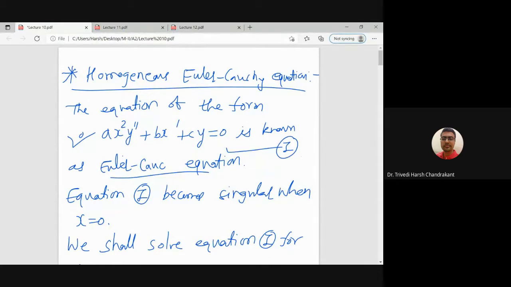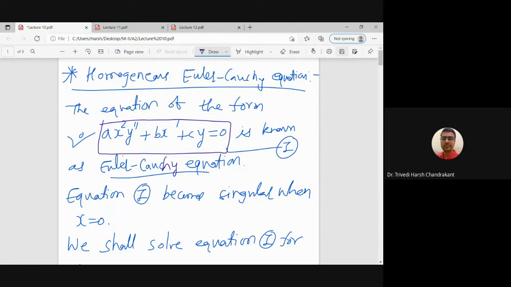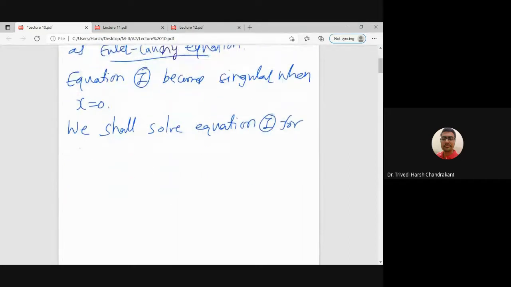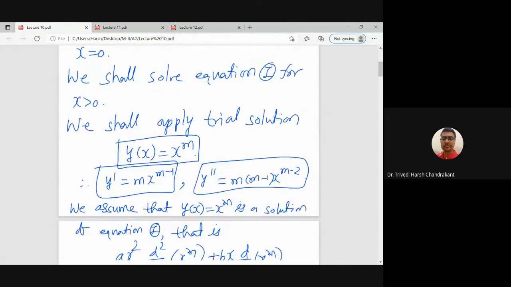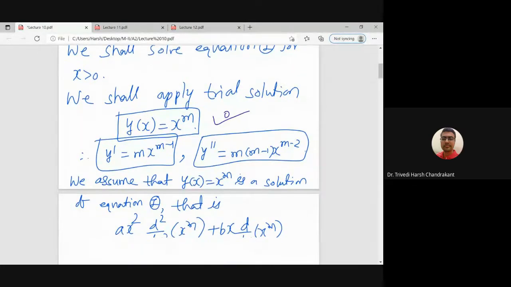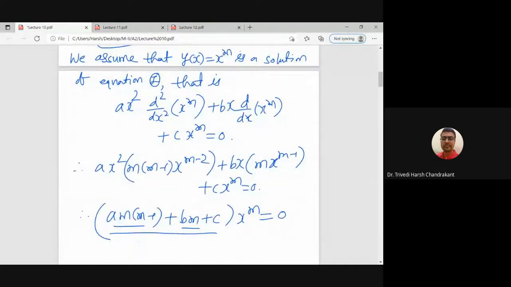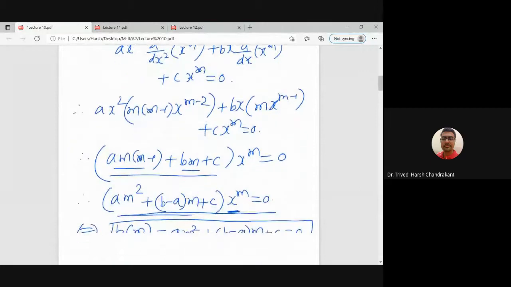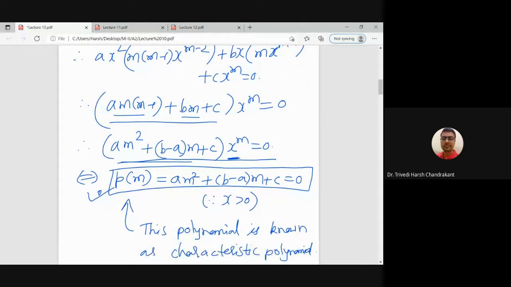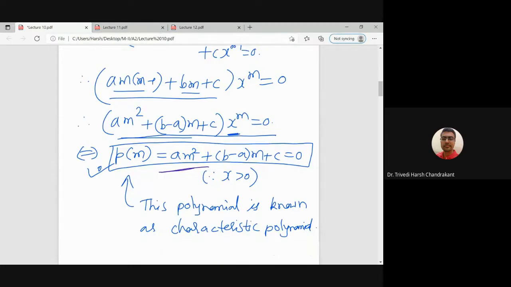Whenever such an equation is given, where a, b and c are numbers, we shall use this method: we try the trial solution x power m, substitute it, and the characteristic polynomial will be am square plus (b minus a)m plus c is equal to 0.